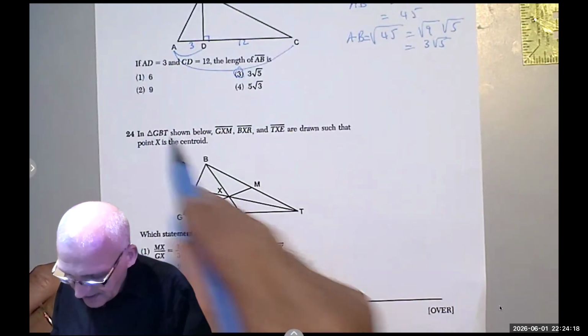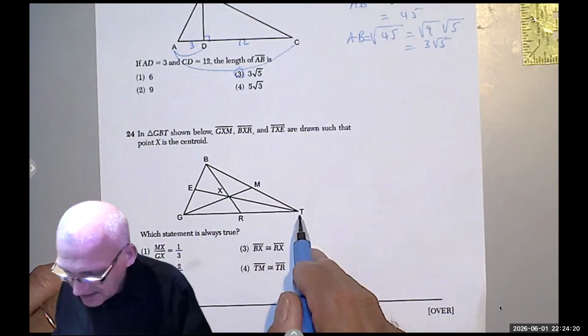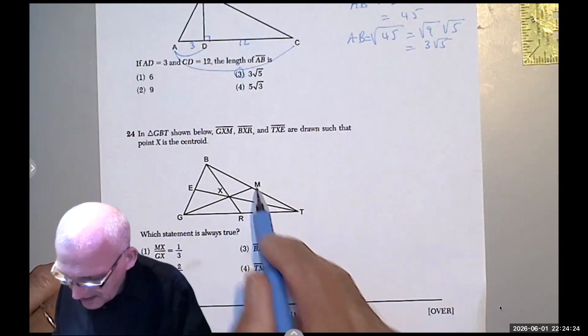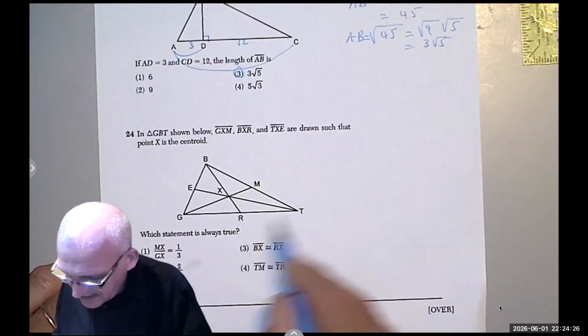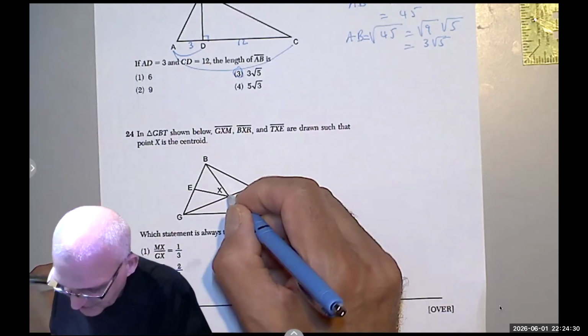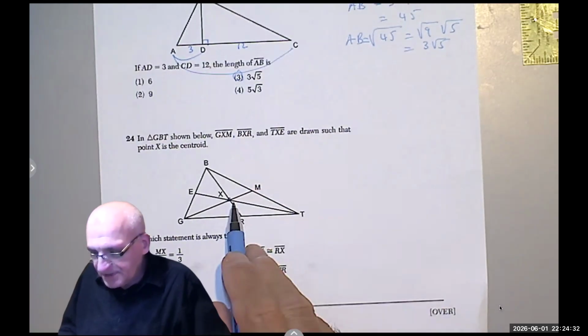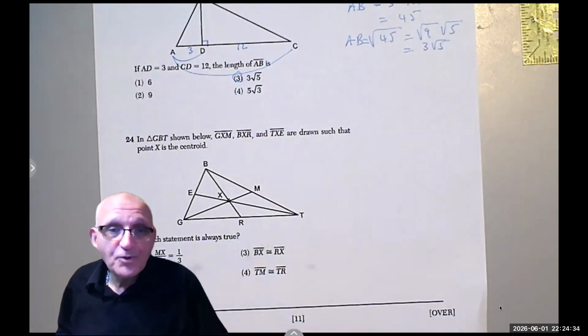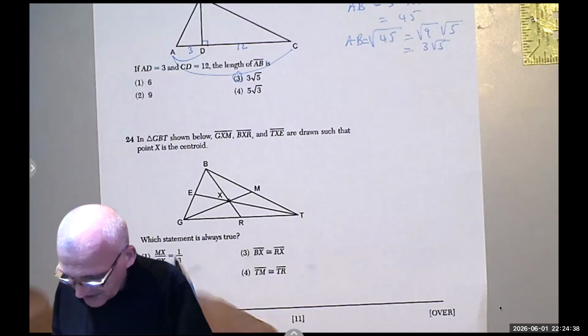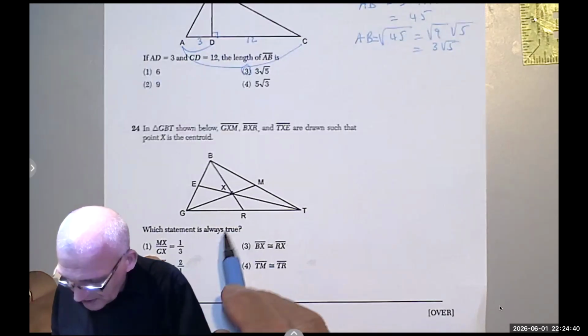Finally, in triangle GBT, GXM, BXR, and TXE are drawn such that point X is the centroid. If it's the centroid, meaning this is the point of intersection of the three medians, we know which statement is always true.